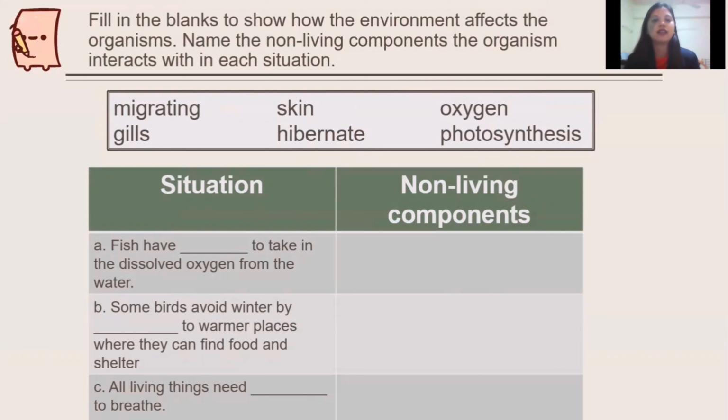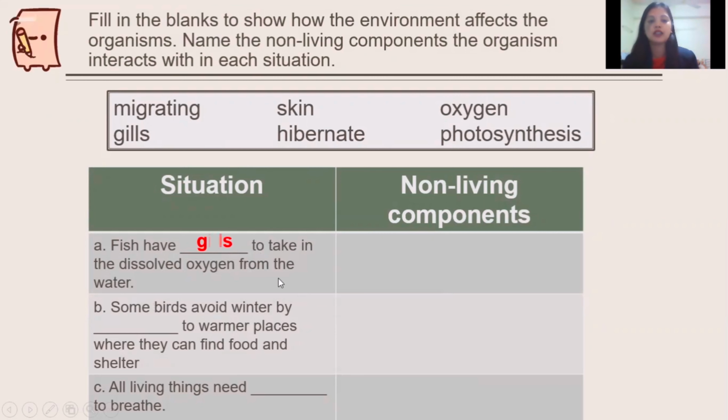Let's start. Letter A. Fish have blank to take in the dissolved oxygen from the water. Again, fish have blank to take in the dissolved oxygen from the water. What do you think is the answer? Is it migrating, gills, skin, hibernate, oxygen, or photosynthesis?